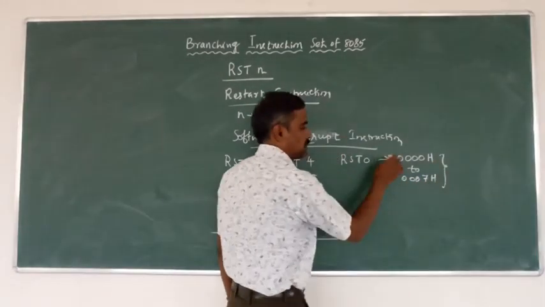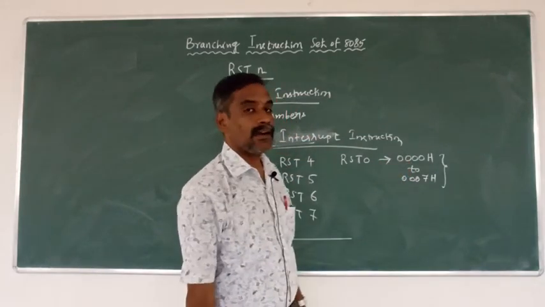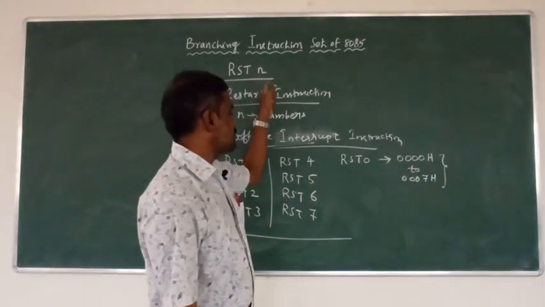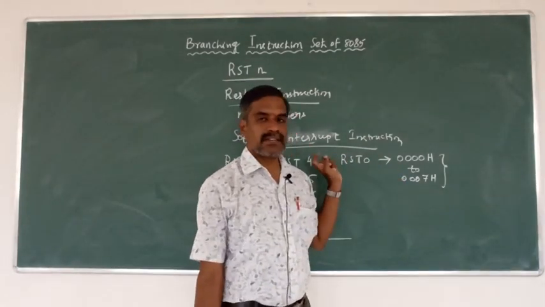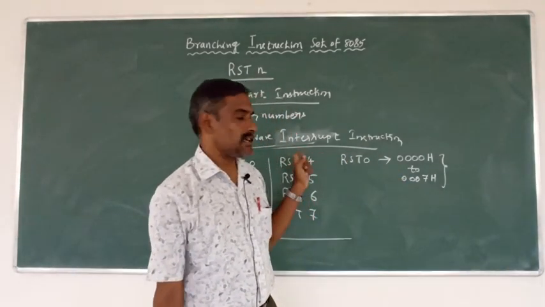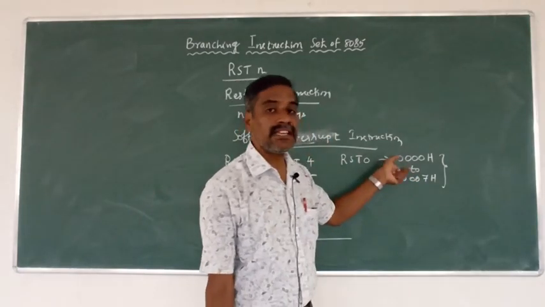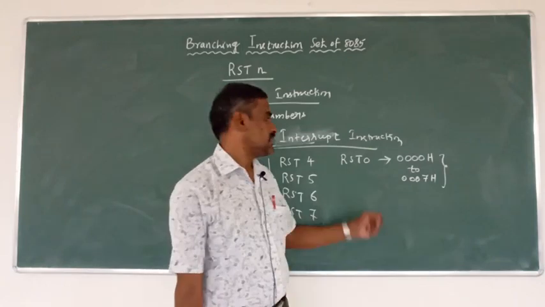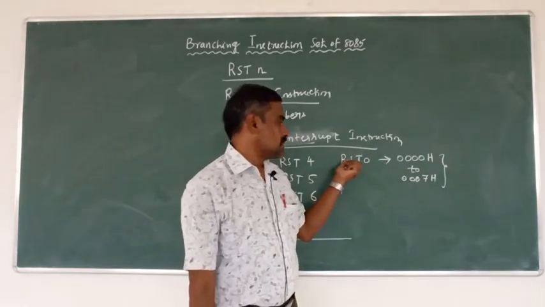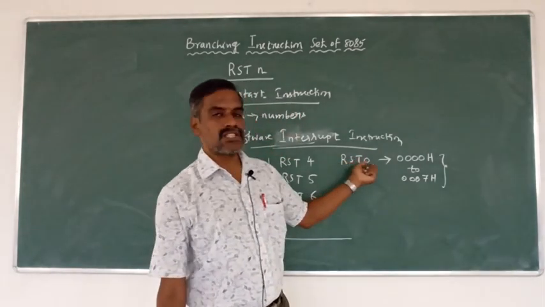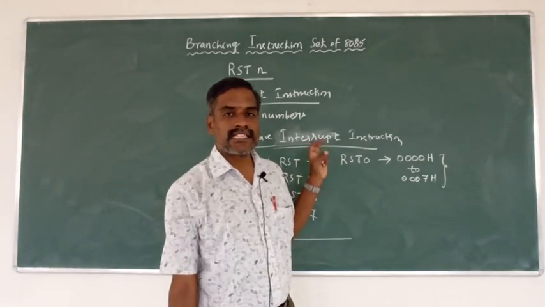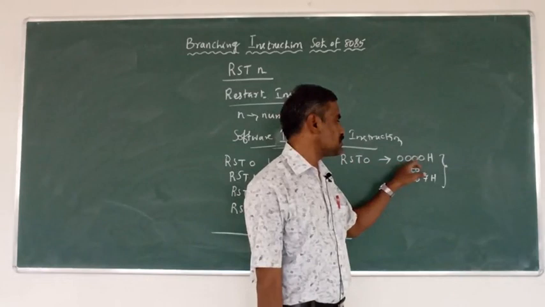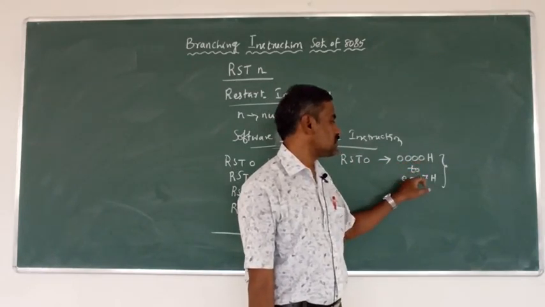In a program, if you give RST 0, it covers a total of 8 memory address locations starting from 0000 to 0007H.